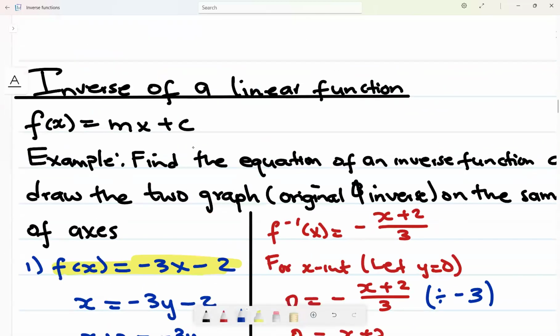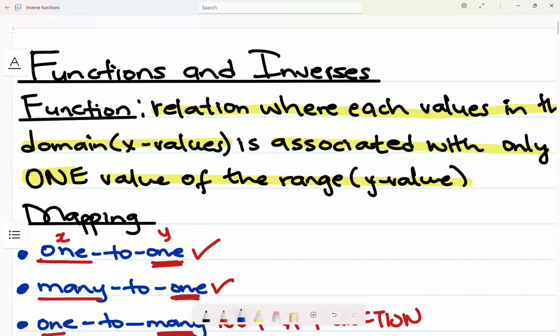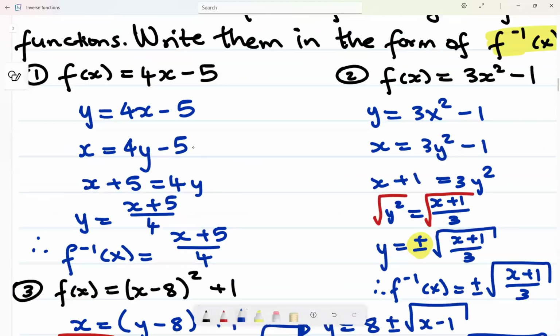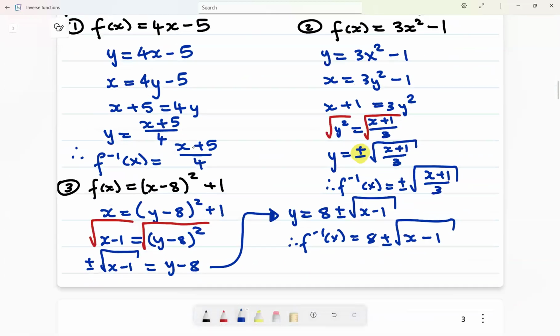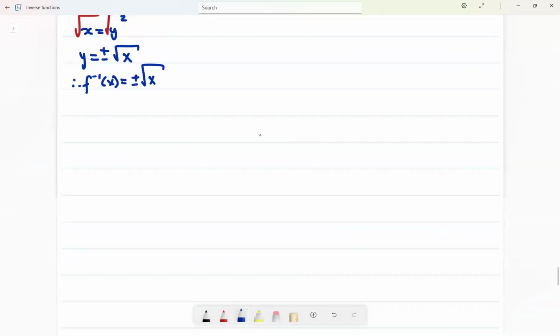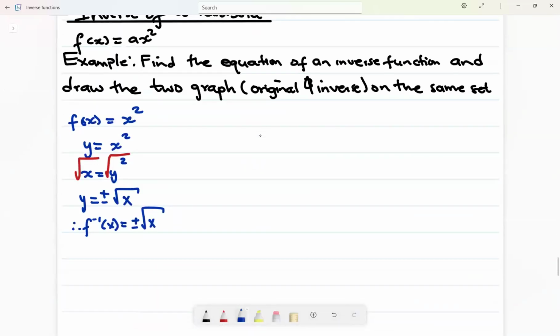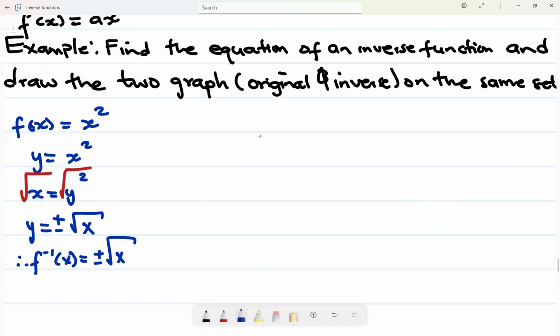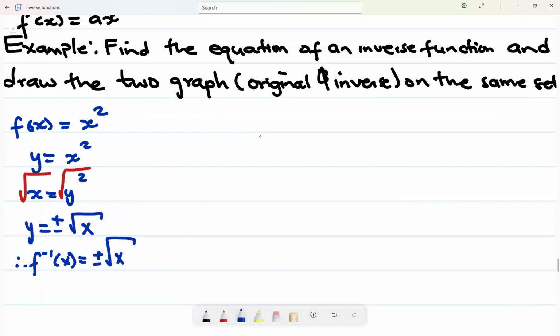Let me go back to where I was showing you the steps. We had a parabola, right? Can you see we also had plus or minus like that? This is also a parabola, plus or minus. So what do they mean? I'm going to tell you where exactly we need to use those ones.